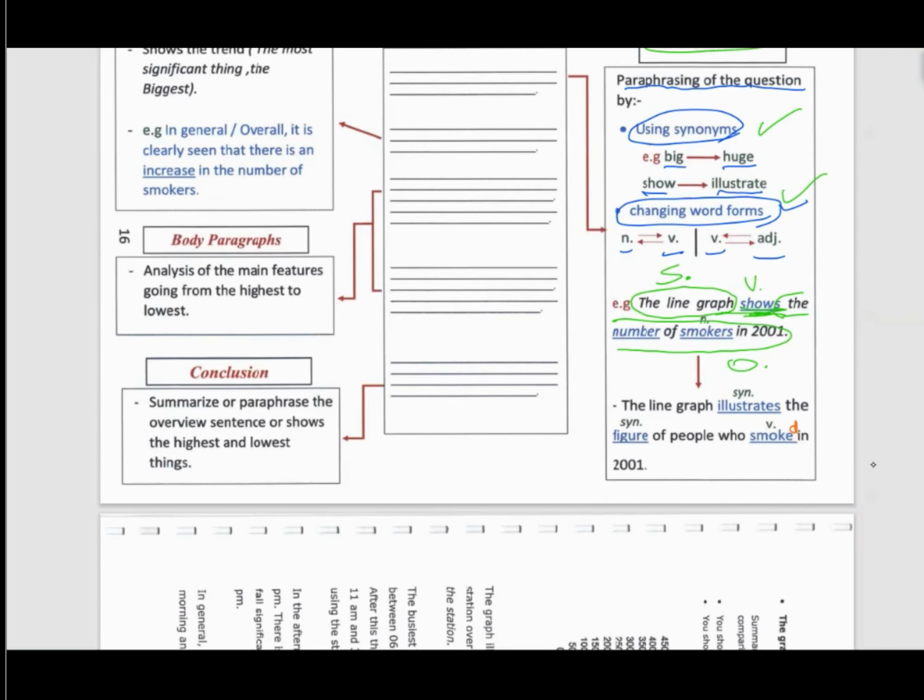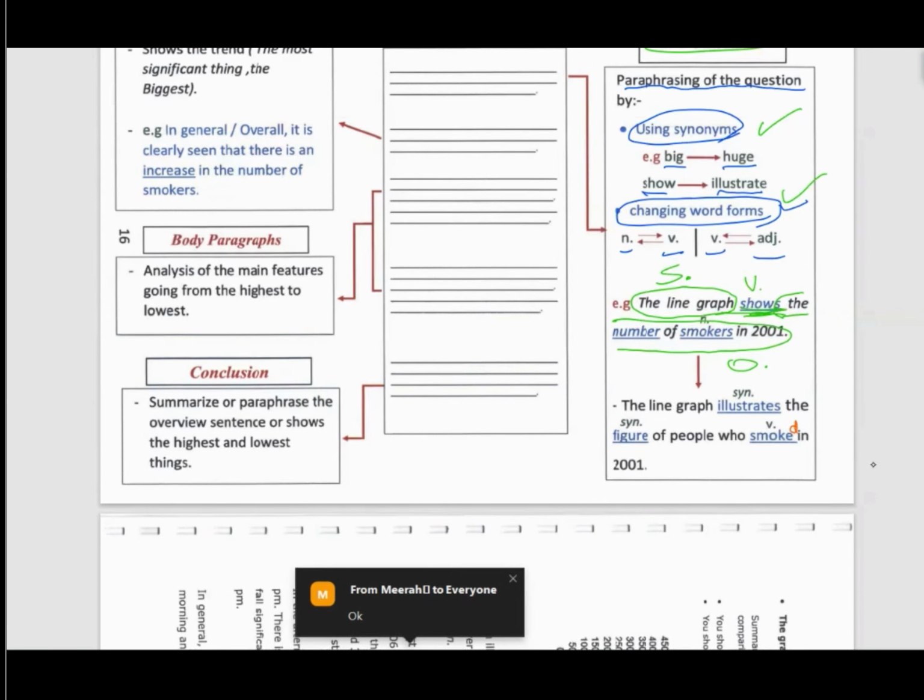Now, I will give you a sentence and I want you to change it. And you can use synonyms, you can use different forms, or you can change it from active to passive.